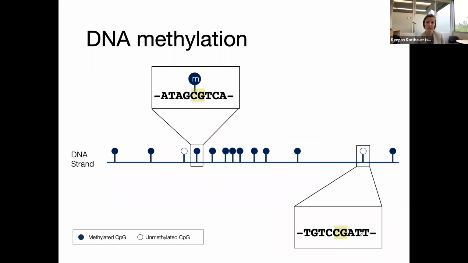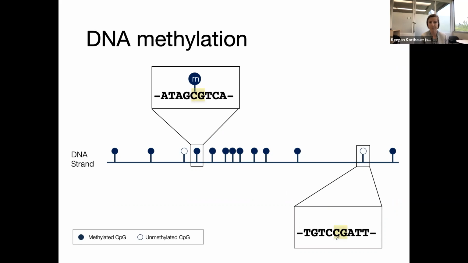DNA methylation is just a chemical modification to an individual base on a DNA strand. Specifically, the modification occurs at the C base, or the cytosine. The modification in particular is when a methyl group, this M right here, is added to the C. This is referred to as this base being methylated.